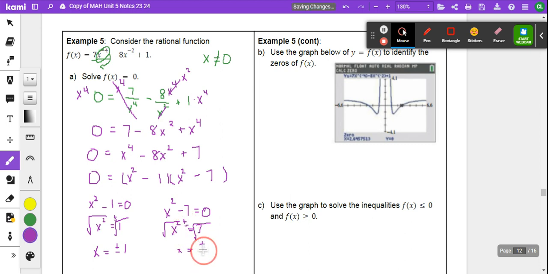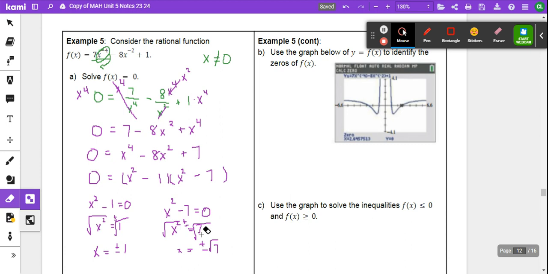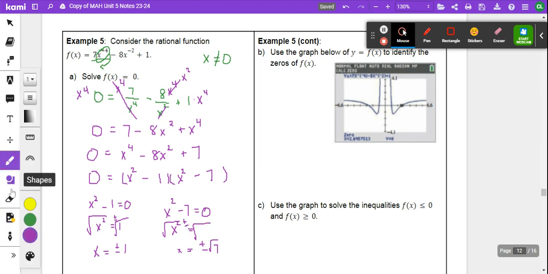My pen is getting tired. Okay. The square root of 7 is going to be 2 point something. I know it's 2 point something because the square root of 9 would be 3. So again, let me pull out my trusty calculator.